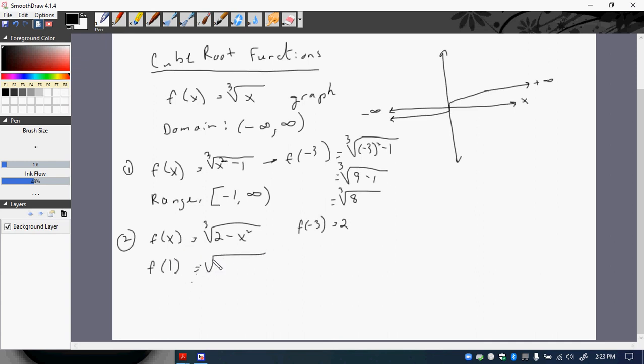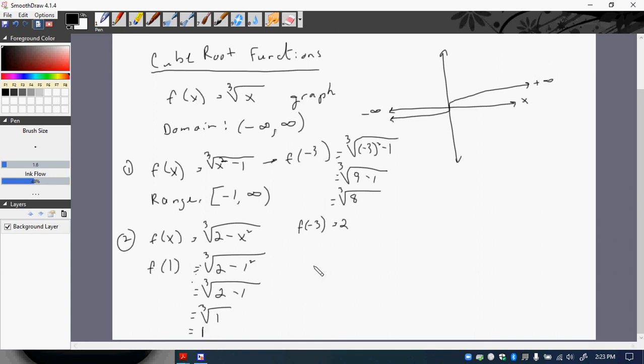I put 1 in, so then I get 2 minus 1, because 1 squared is just 1. And the cube root of 2 minus 1 is 1. And so the cube root of 1 is just 1.